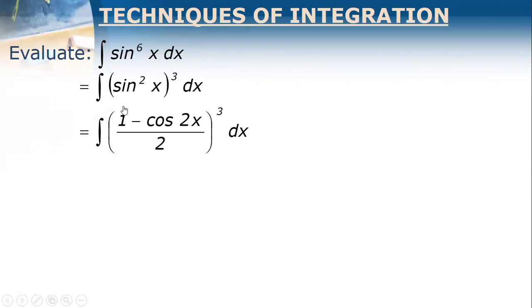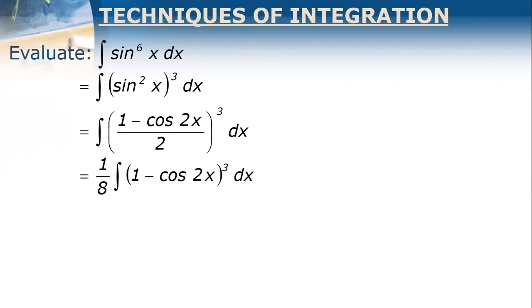So 1 minus cosine 2x over 2 raised to the power of 3. So expand. You have 1 half cubed is 1 over 8, and 1 minus cosine 2x raised to the power of 3 dx.